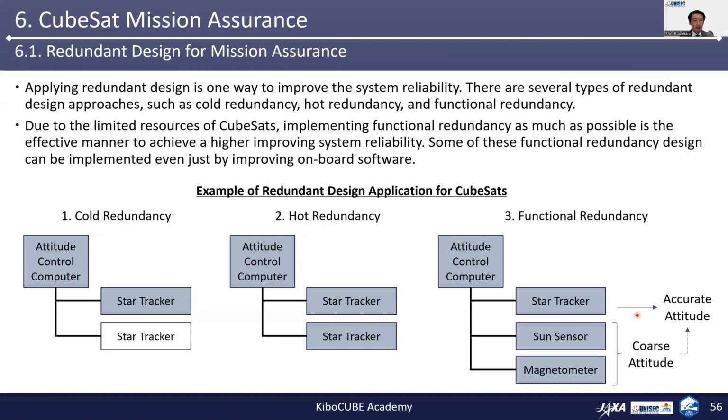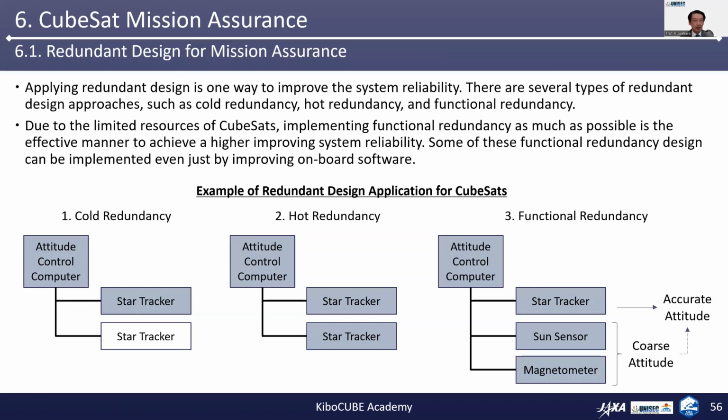So functional redundancy is another type which incorporates backup operations. So in this example below, the combination of a sun sensor and magnetometer is used to determine the satellite attitude as a backup should the primary star tracker fail.